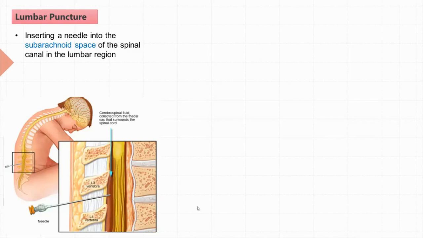So the needle is inserted below the level of the spinal cord, and it gives us the advantage of avoiding the risk of damaging the spinal cord. As you can see here in the picture, the needle is inserted over here, and it's difficult to hit the nerves, unlike, for example, between L1 and L2, where you have the whole spinal cord.